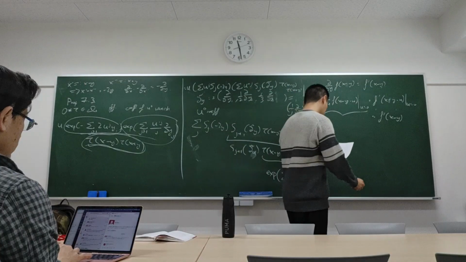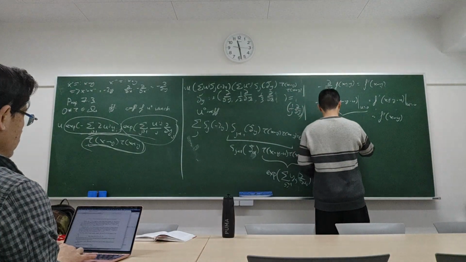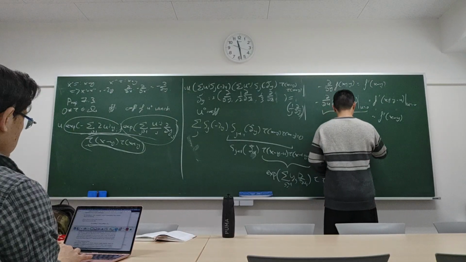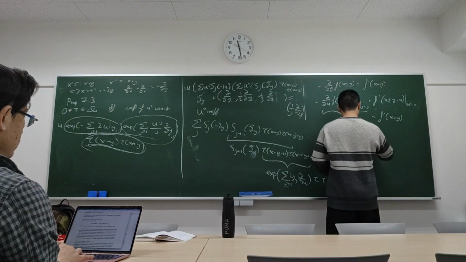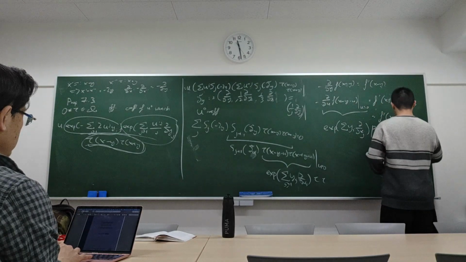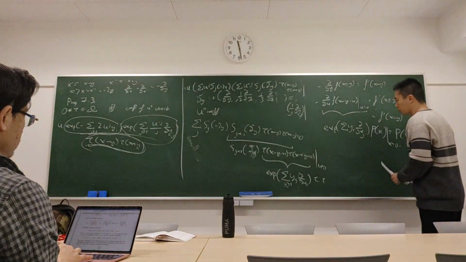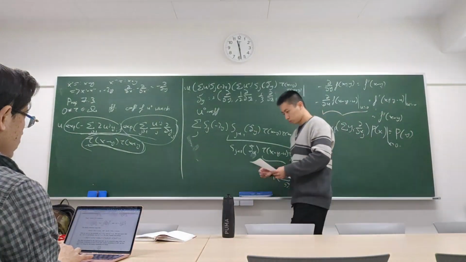This is the shifting operator trick we've seen before. Remember from last week, if you have some exponential sum of y_i ∂/∂x_i acting on p(x), this is equal to p(y), and you evaluate this at x equals 0. So we'll be using this trick from last week.